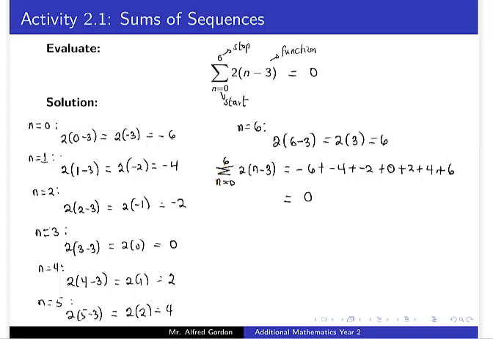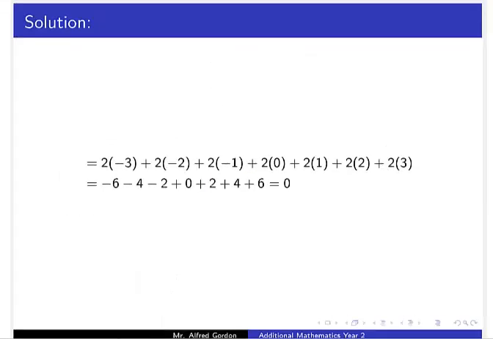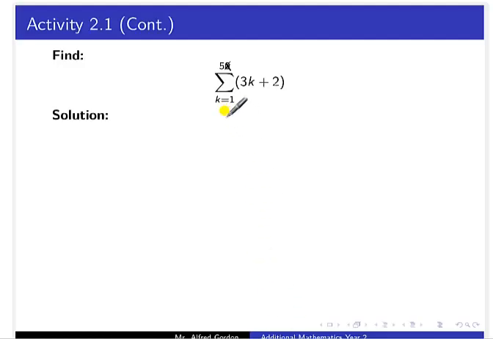Let's proceed to our next example. Okay, so go through this. In the next example, we have the summation k equal to 1 up to 5 of 3k plus 2. We shall begin with k equal to 1 as our start. So when k is 1, we have 3 times 1 plus 2, which reduces to give us 5.